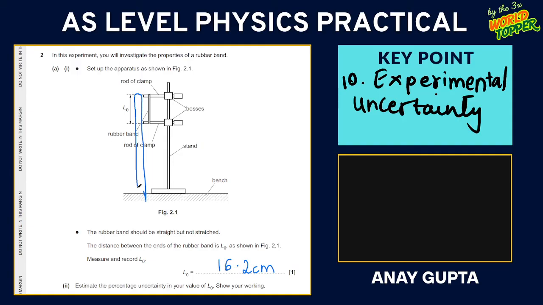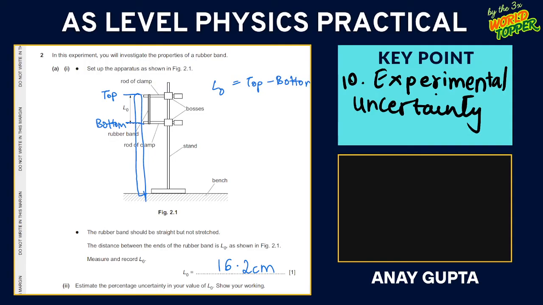You put the ruler here. Sorry for that bad drawing. But in your mind you calculated L0 as the top reading of the ruler minus the bottom reading of the ruler, right? So L0 was top minus bottom.